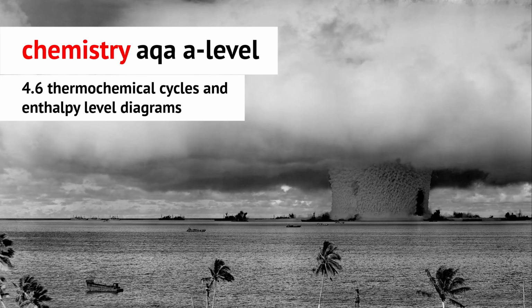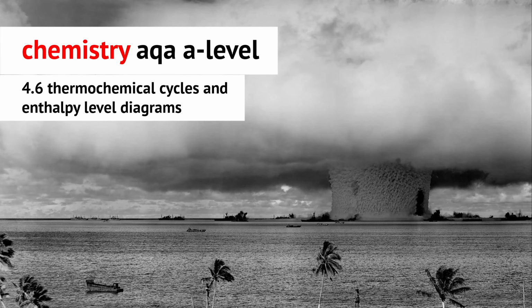Up is positive and down is negative. From methoxymethane to ethanol is down, so the sign is negative. From ethanol to methoxymethane, the sign of delta H would be positive.